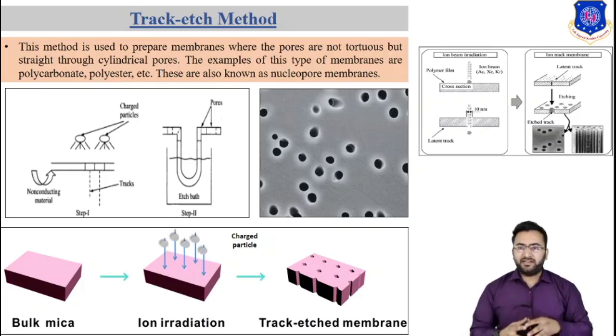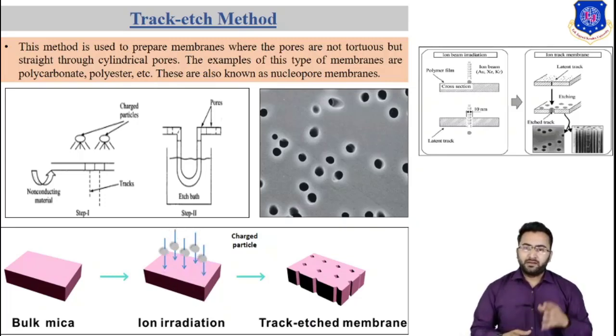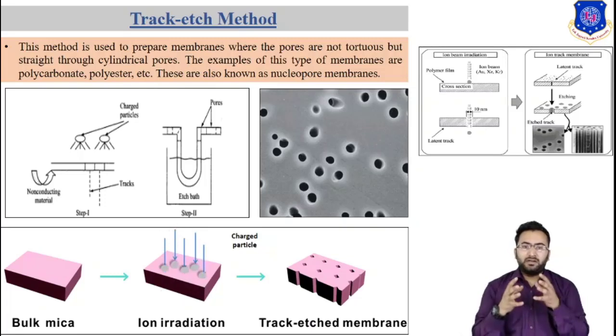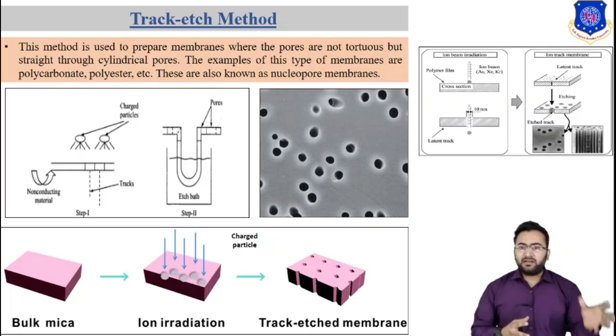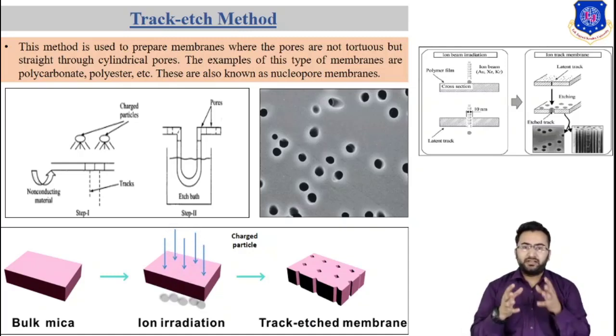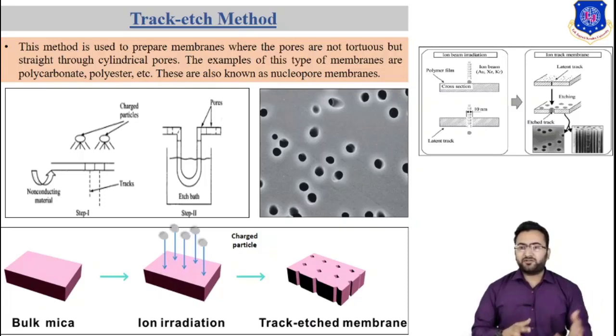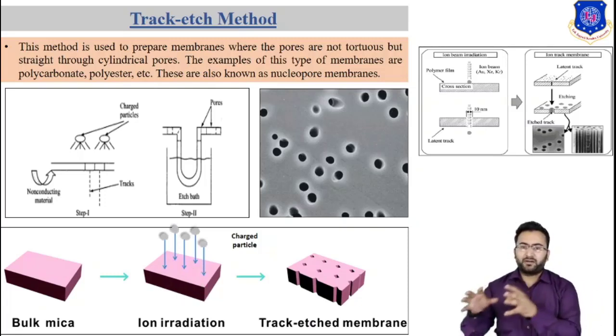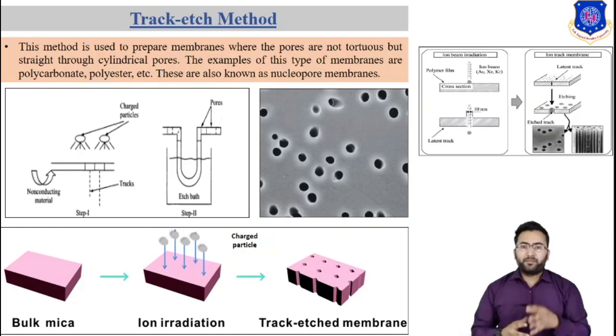Pore density is controlled by the residence time in the radiator. In the second step, the tracks left by the particles are preferentially etched into uniform cylindrical pores in an etch bath. Generally, warm caustic soda solution is used for the etching of that membrane. Pore size is controlled by the residence time in the etch bath.